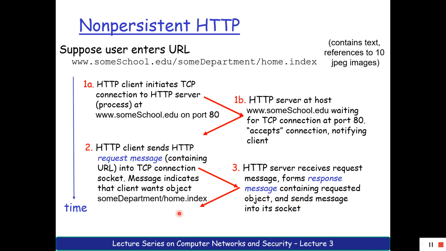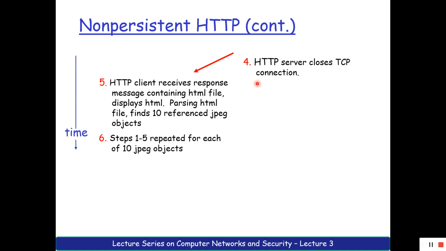Once it sends it to the client, what should the server do? The HTTP server will first close the connection. It has sent the file. What the client had requested was home.index, correct?